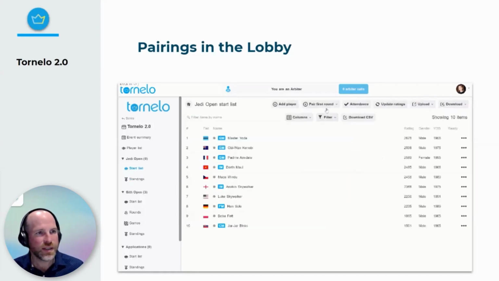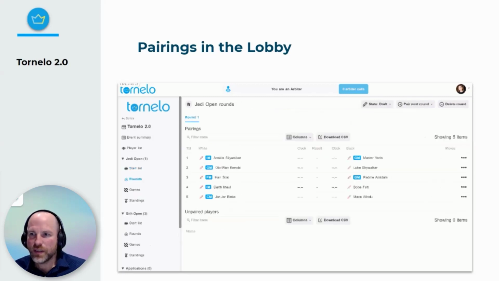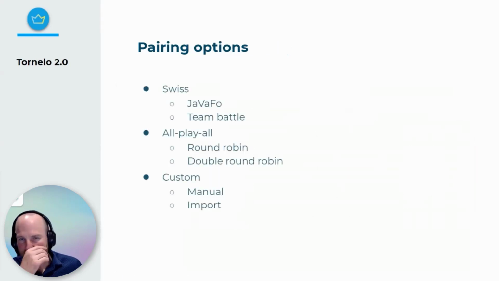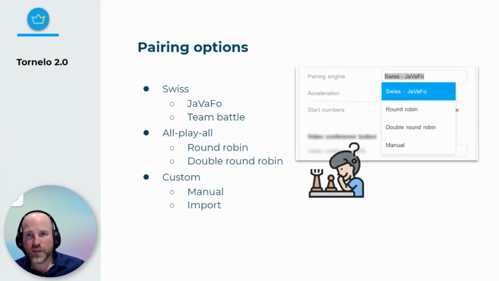So that's pretty exciting. When it comes to pairings in Tornelo, what can you do? Well, we have Swiss pairings, we have all play all tournaments, and we have the ability to customize your tournaments in whatever way that you like.